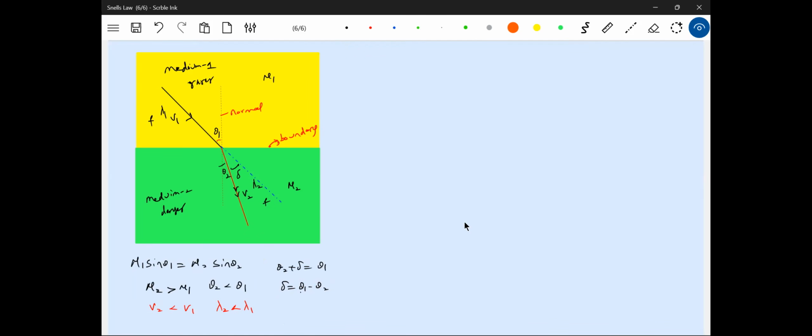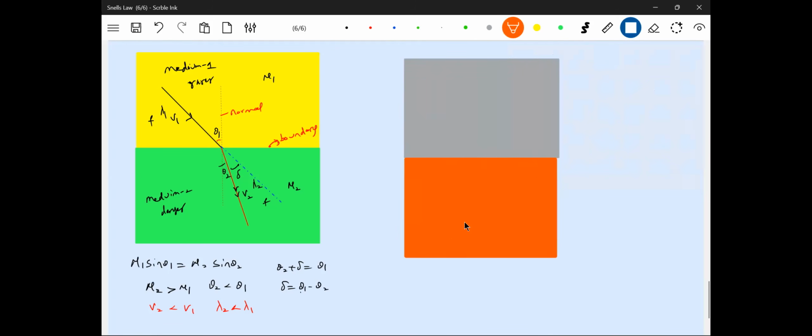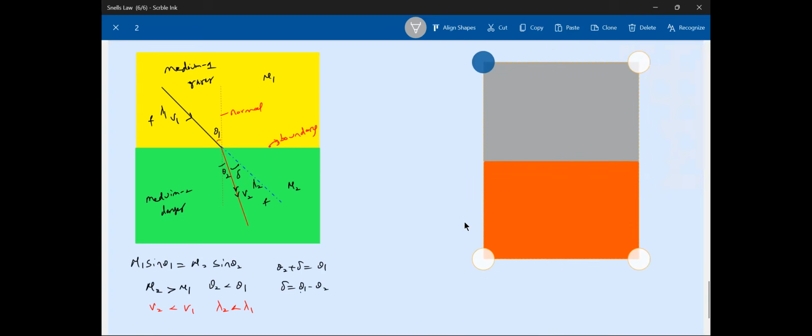Now similarly, if a ray of light moves from denser to rarer, then we'll see what conditions will arise.